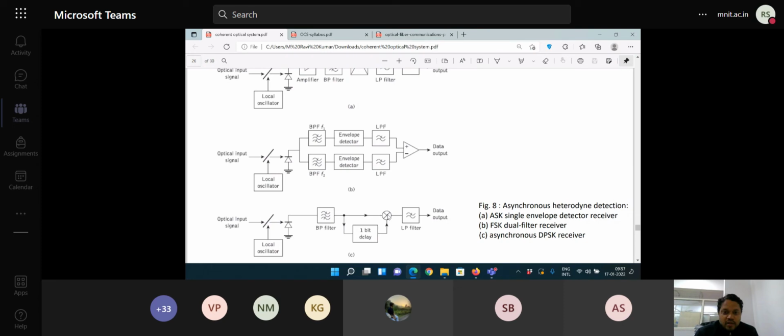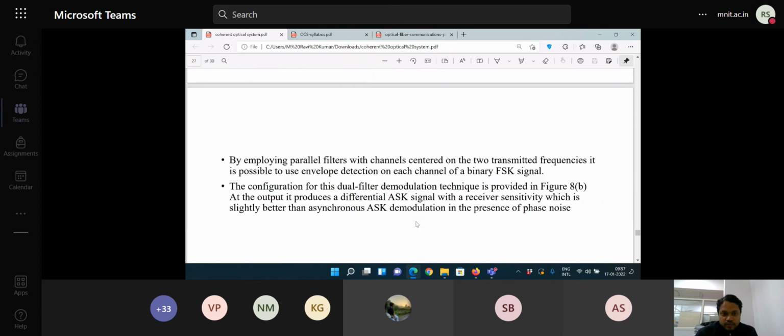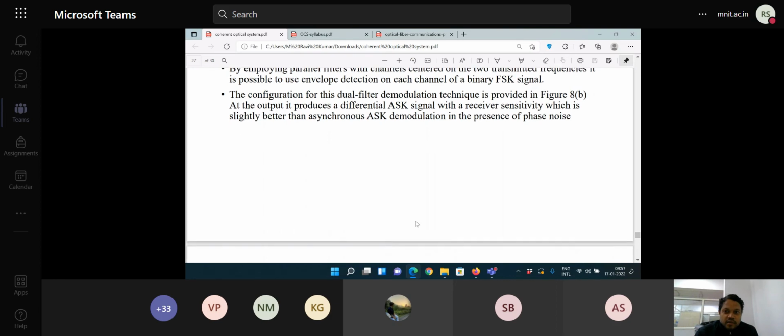Okay, and then this added signal is passed through a low pass filter to get the output data. So these are different demodulation techniques for ASK, FSK, and PSK. Different asynchronous demodulation techniques.